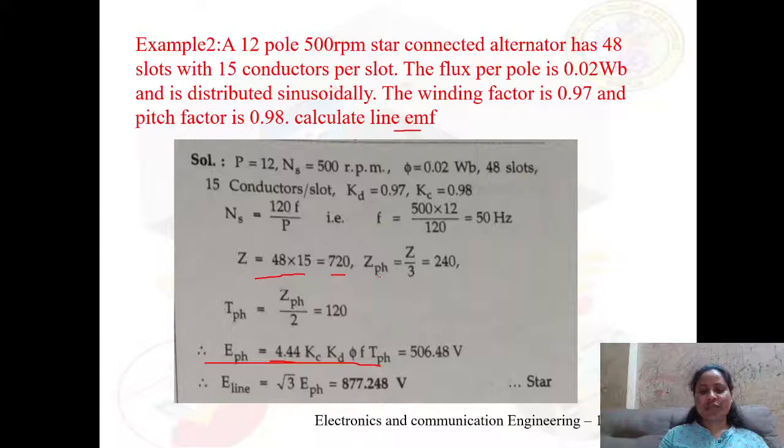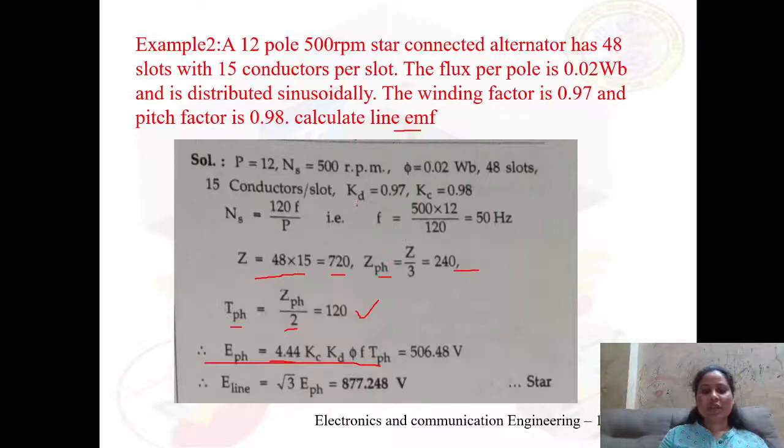In each phase, we divide this by 3, which gives 240 conductors in a single phase. The number of turns in a single phase is the conductors per phase divided by 2, so 120 turns in a single phase.